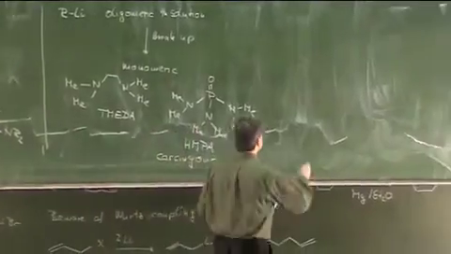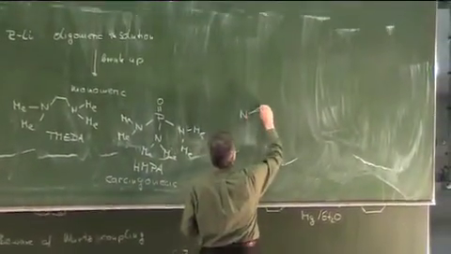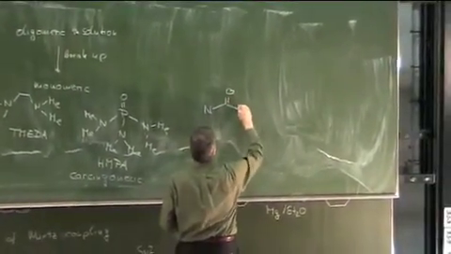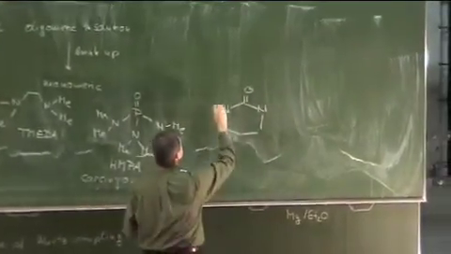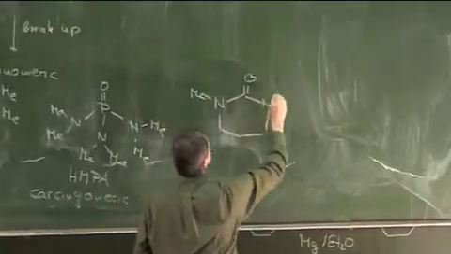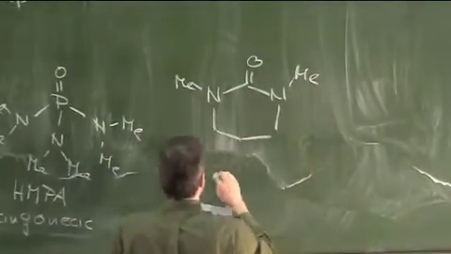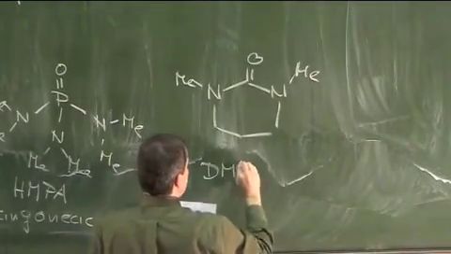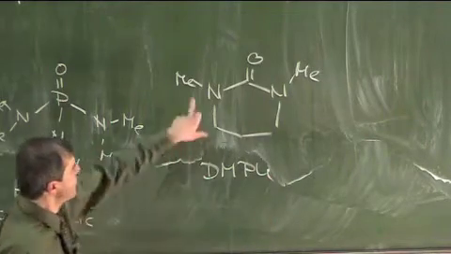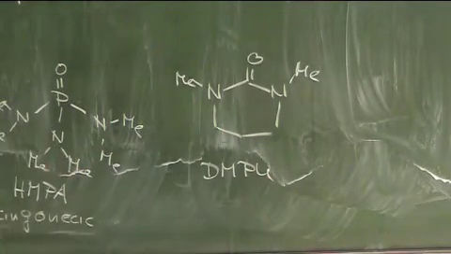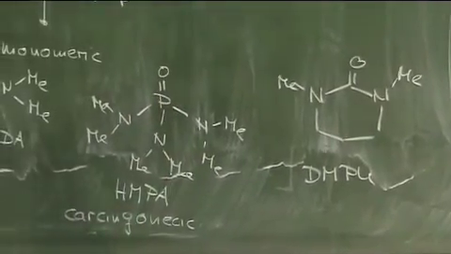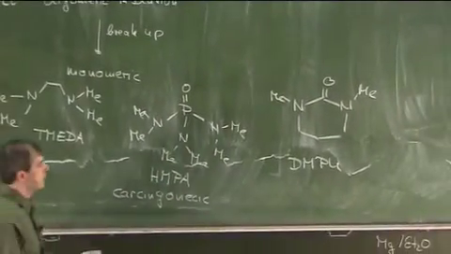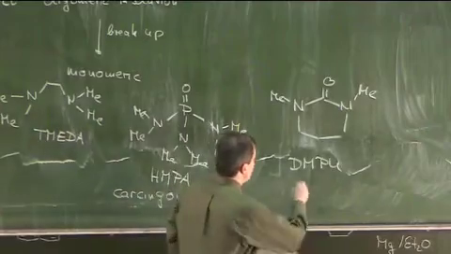There have been now a number of alternatives proposed which work just as well in most instances. And this cyclic urea derivative here, and you probably see a little bit the resemblance to the HMPA molecule here. This is called DMPU.